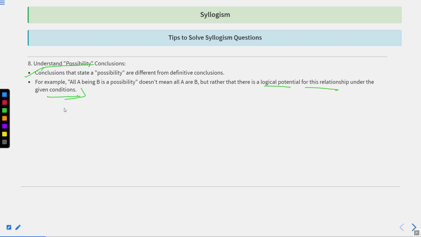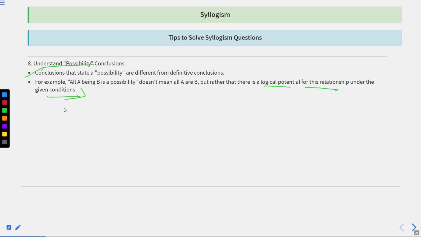And then there is another inference saying all B are A is a possibility. Yes, my dear students, that will be considered a correct inference, because there are chances.